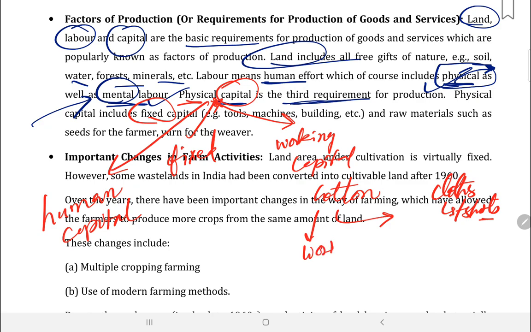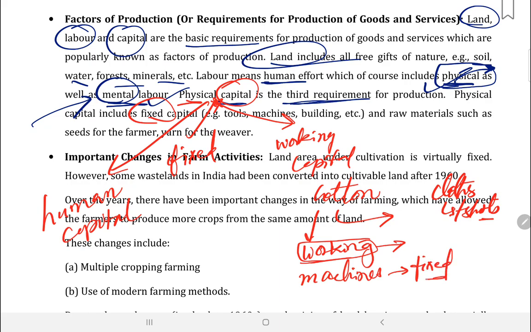It is a working capital. You bring it to the factory, work on it, and sell it back. You don't keep it in your factory. The machines which process it are permanent, so these are called fixed capital. The people who work in the factories are called human capital. Understood? I hope this is the best example in which you can understand it.